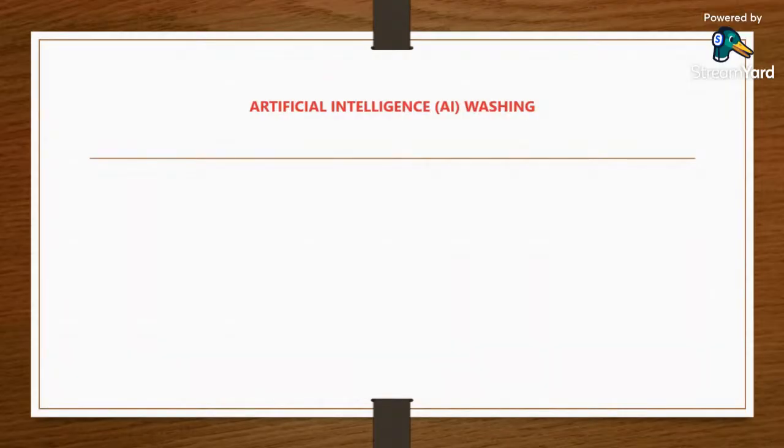AI washing is a term derived from greenwashing, where companies exaggerate their environmental friendliness to appeal to customers. That is known as greenwashing. Similarly, businesses that claim to have integrated AI into their products when they are actually using less sophisticated technology can be accused of AI washing. When it comes to AI washing, there are several types.